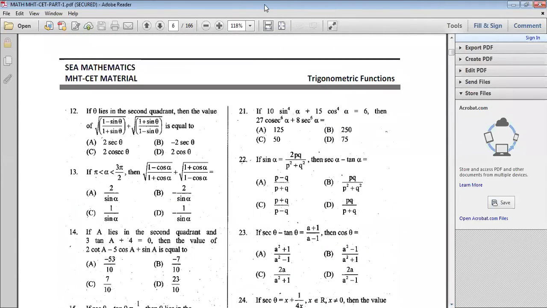Observe this 12th problem. Theta lies in the second quadrant. Then what is the value of this? It is also the same way.